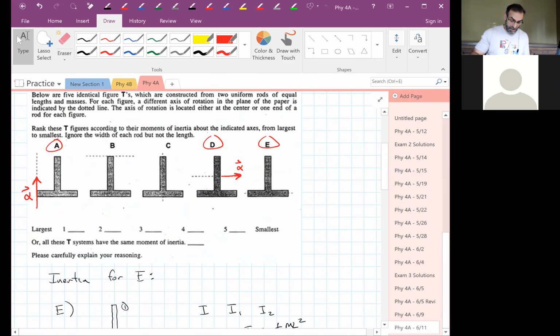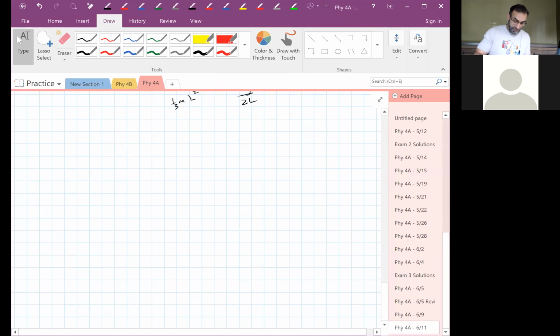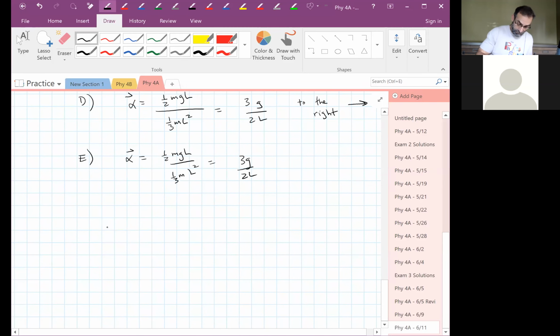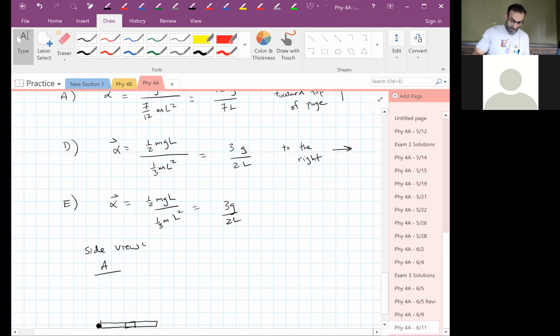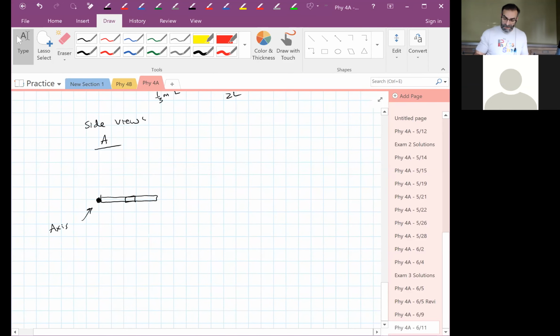A is, if we look at A, what do I call it? Side view. Here's our axis of rotation. There's our T hanging off of it. And what's going to happen?